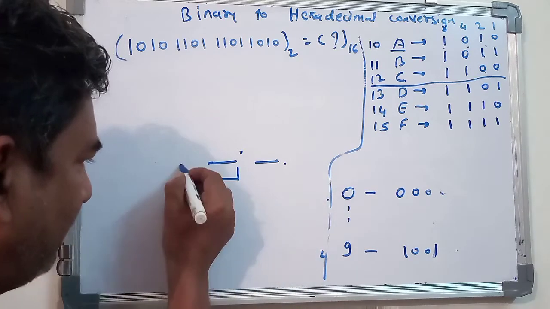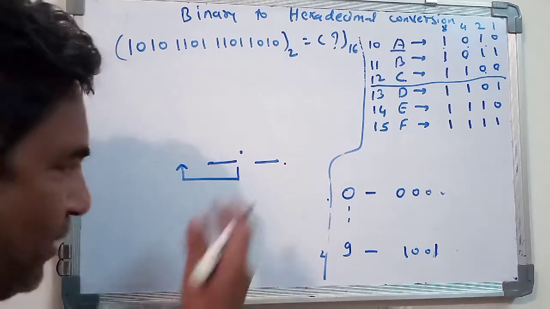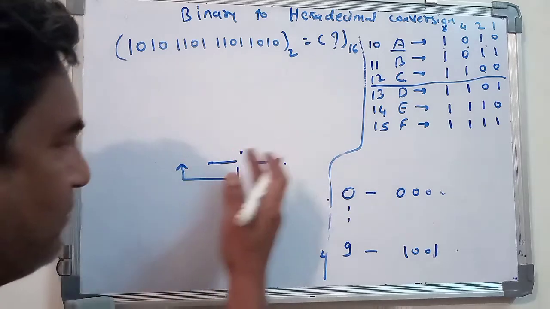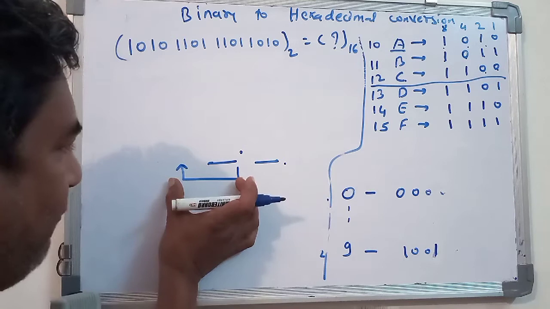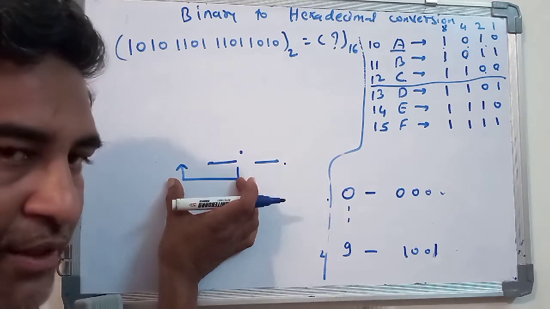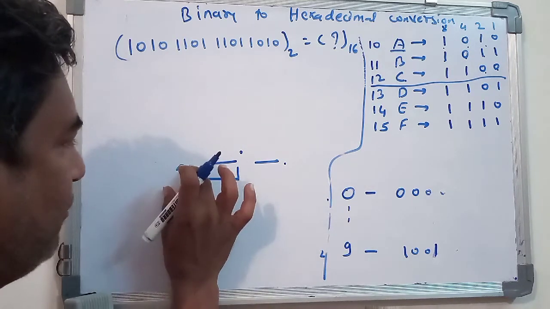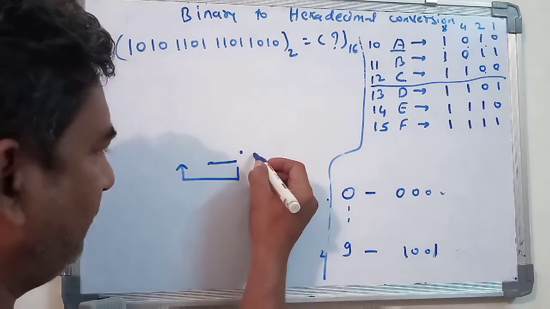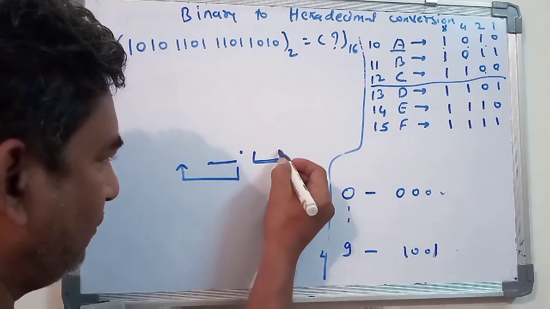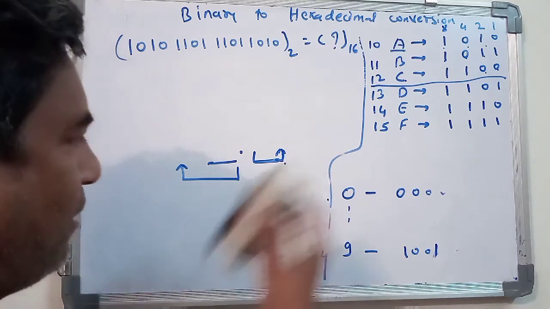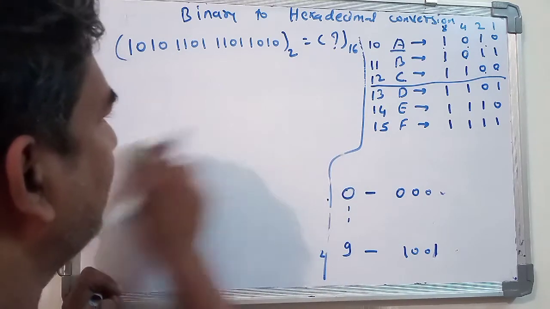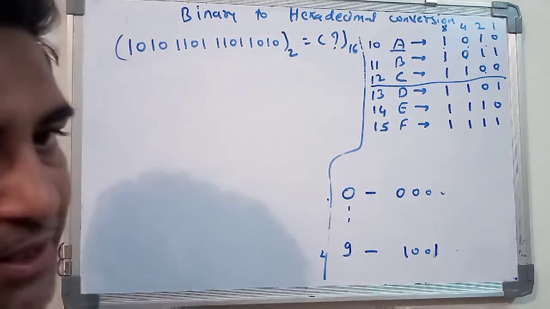So here you have to make an arrow like this. You have to go from LSB to MSB, to the right side and the left side. Whatever 4-bits you form, you have to mark the arrow, and on the right side again from this number to this number you mark the arrow like this. Then the answer you get will be converted into hexadecimal.